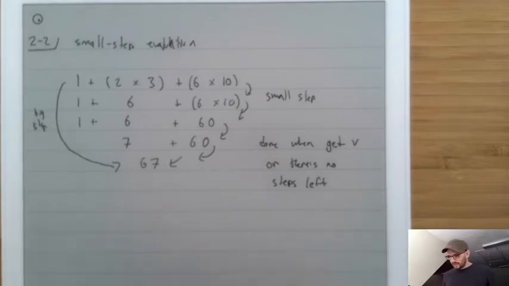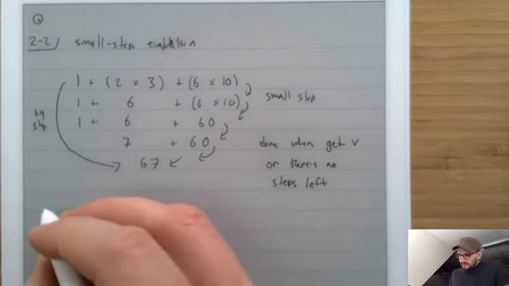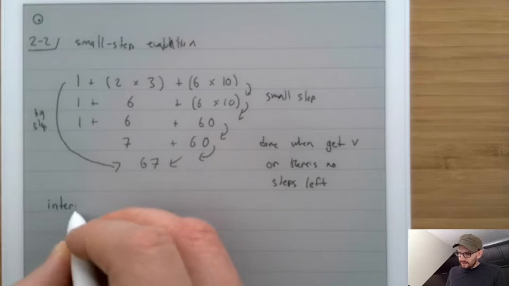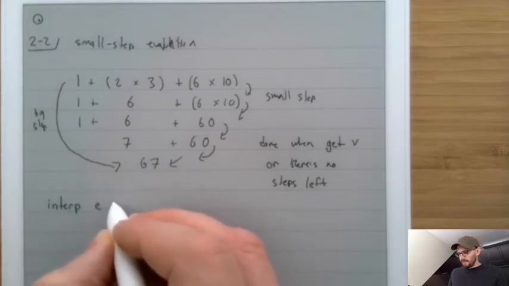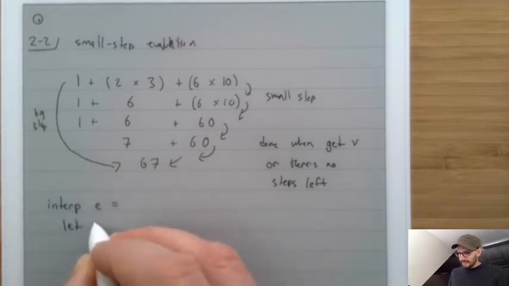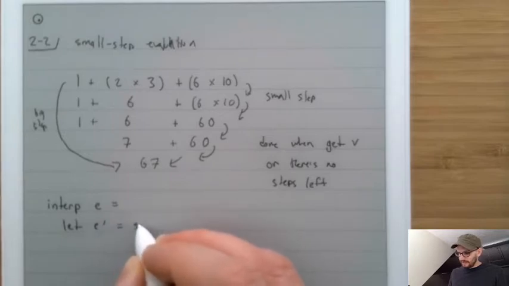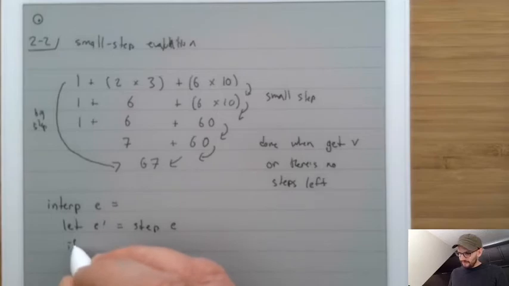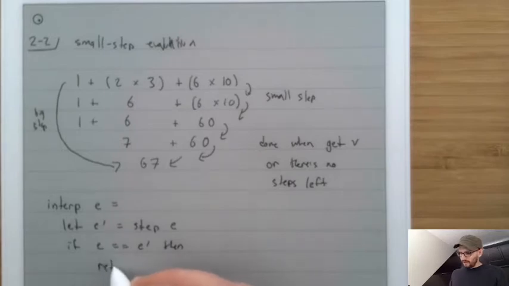In other words, we can build a big step interpreter. We can write interp like this. We can say, let e prime be equal to step of e. And we say, if e is equal to e prime, then return e.